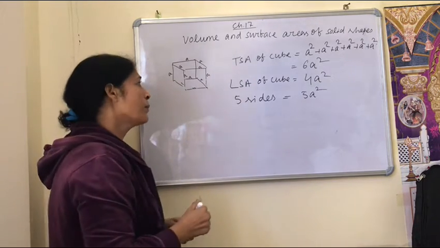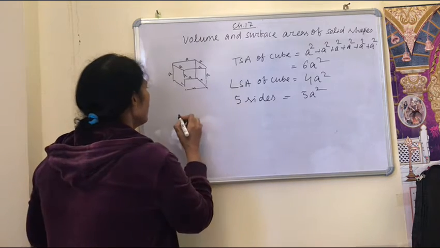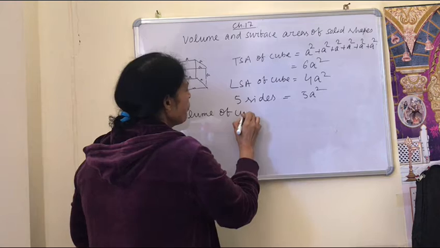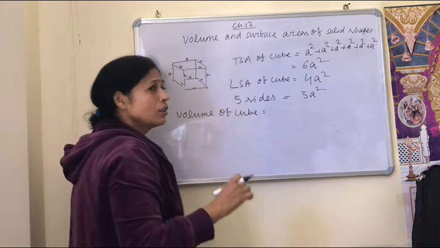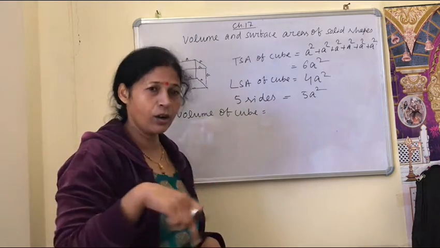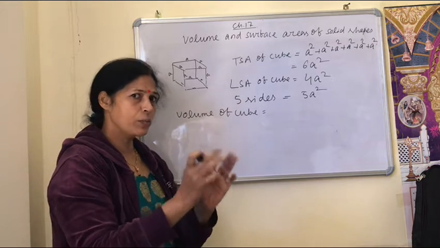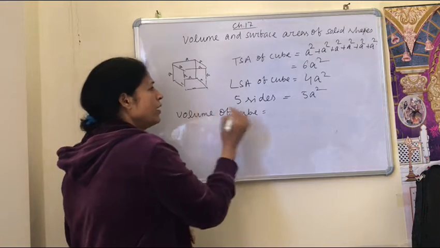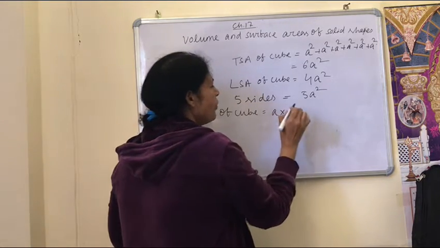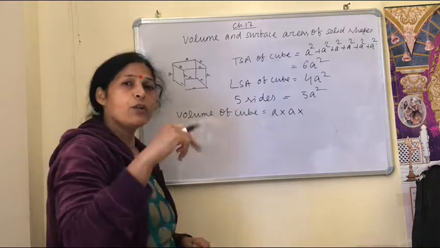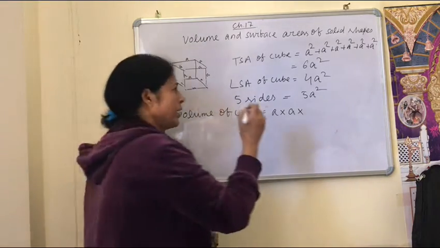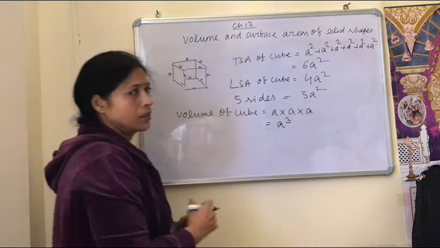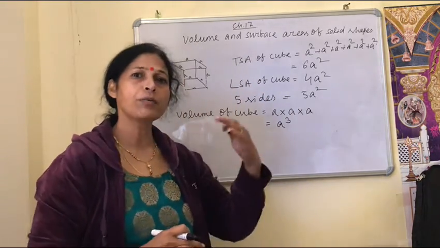So the volume of a cube is the area of the base, which is length into breadth, A into A, then into height, which is also A. So A cube. Clear? This is the volume of a cube.